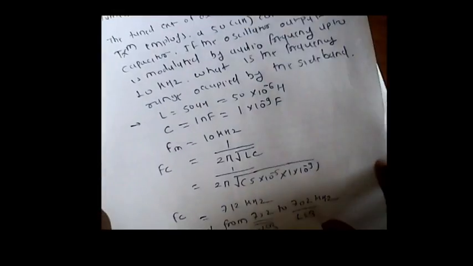So the frequency range of the sidebands is from 722 to 702 kilohertz. This is the upper sideband frequency and this is the lower sideband frequency. It will be two frequency ranges. So this is one of the numericals based on sideband frequency, which will be asked in your exam.